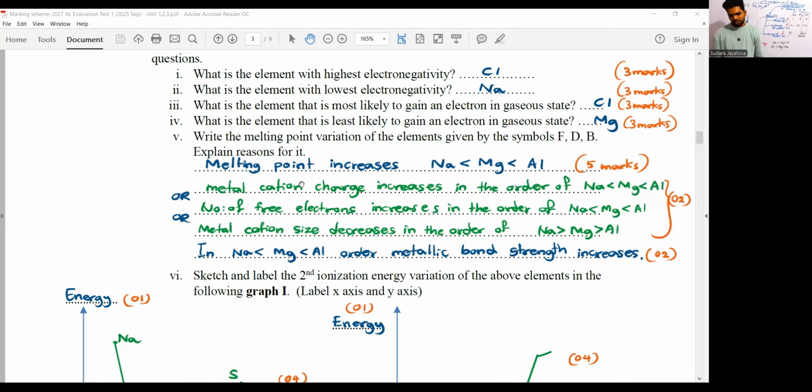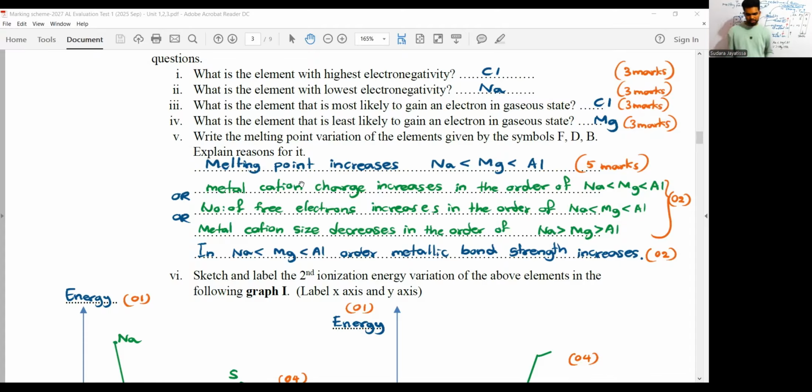Then you tell that metal cation charge increases in this order. I allowed you to write only one option because of the given space. You can write about either the charge, the number of electrons, or the size. Finally you relate that metallic bond is stronger in aluminium. You can say metallic bond strength increases in this order.